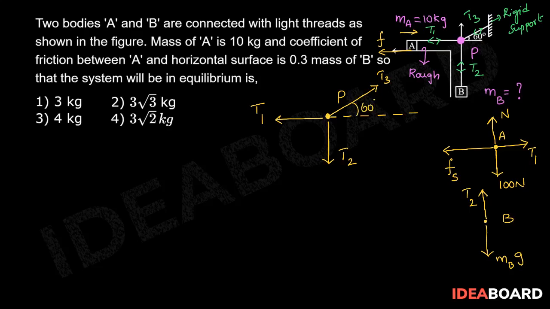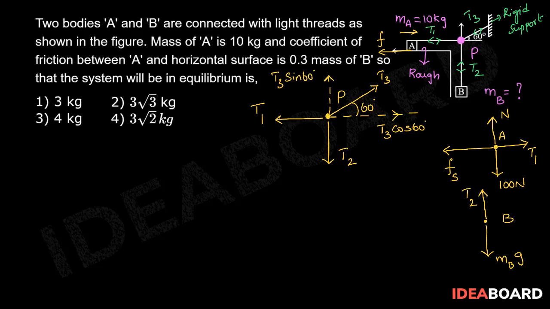Now T3 gets resolved into two components as T3 cos 60 degrees towards right and T3 sin 60 degrees vertically upwards.